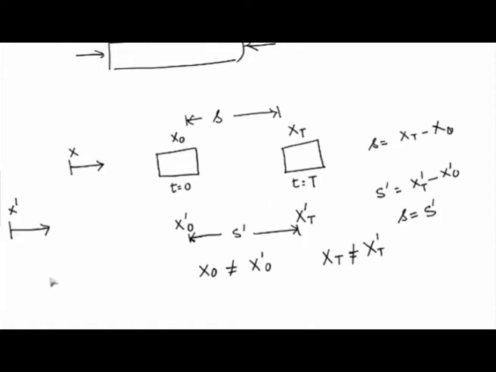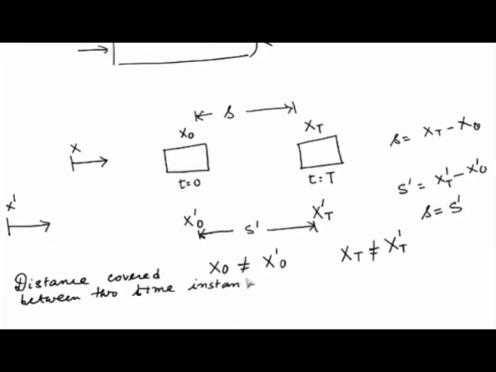So that's the remark that I had given in the slide, and I will write that once more. So the distance covered between two time instants is independent of choice of origin, okay.